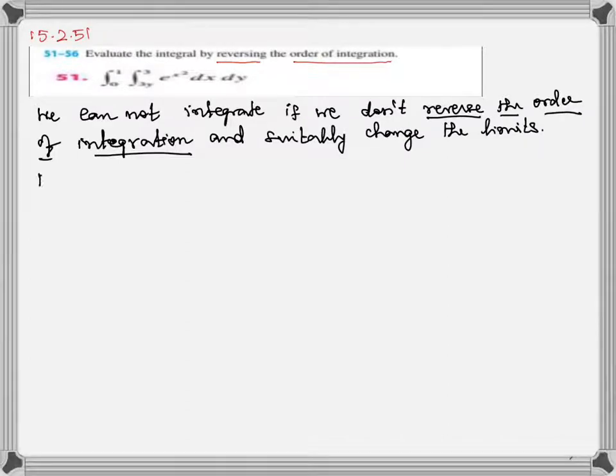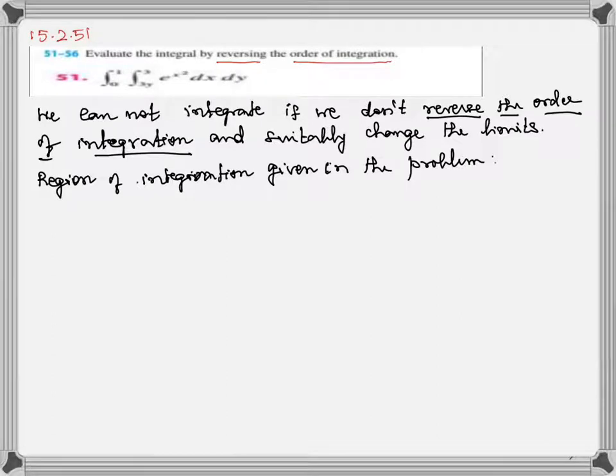So let's first sketch the diagram of the region given in the problem. The region of integration is R. It is the set of all x, y such that 0 is less than or equal to y less than or equal to 1, since the outer variable is y with limits 0 through 1.